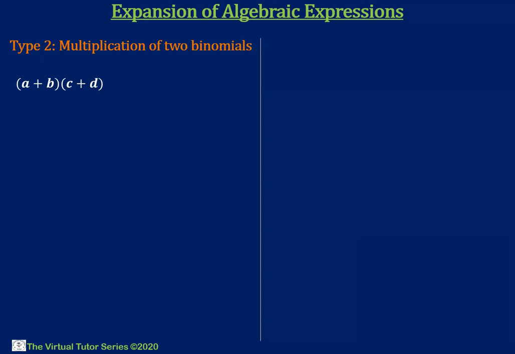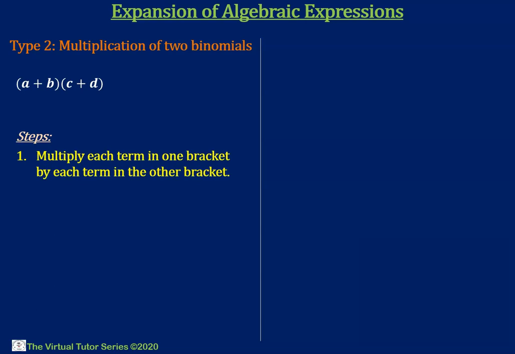We can expand the product of two binomials by multiplying each term in one bracket by each term in the other bracket before adding or subtracting like terms, if any.